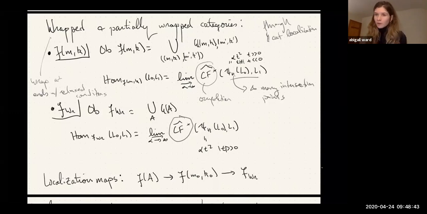Here we don't have that. We don't have a priori control over the outputs of our disks. So we have to actually do a completion. And this is also why I want to do the wrapping first, as opposed to taking the direct limit over linear and Hamiltonians.